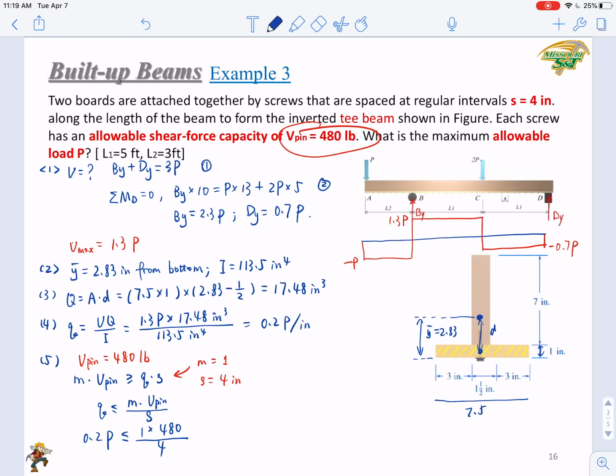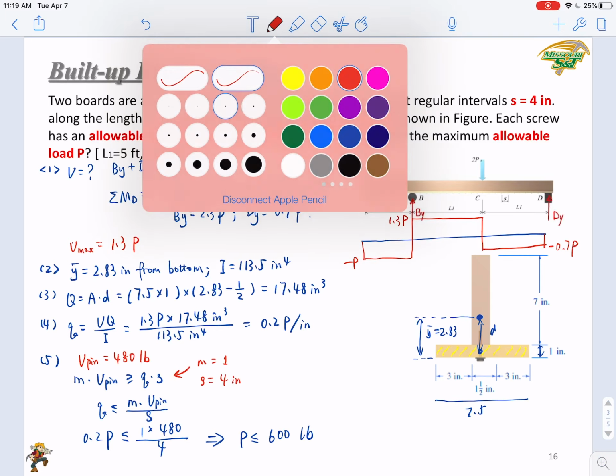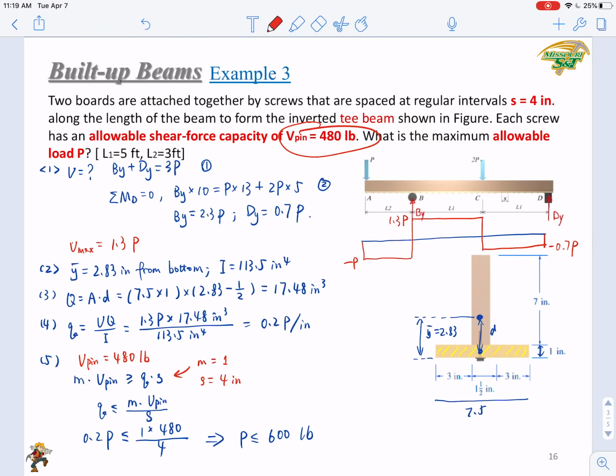So it's easy to calculate that the right hand side will be 120, so P will be smaller than 120 times 5, that is 600 pound. So this is the maximum allowable load P that can be applied as shown here.